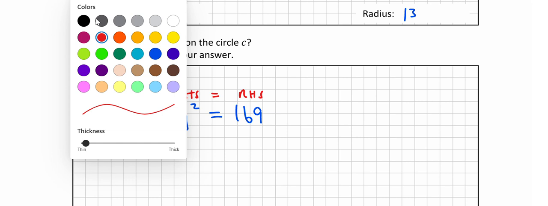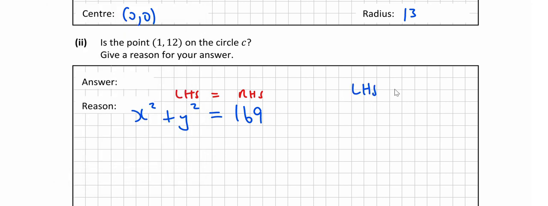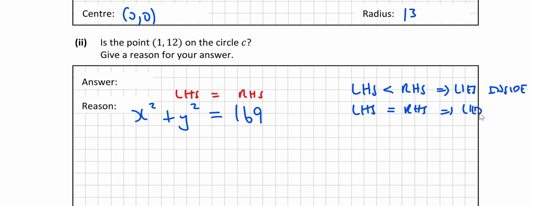When you sub in stuff, if you find that the left-hand side is less than the right-hand side, that means that a point lies inside. If the left-hand side is equal to the right-hand side, a point lies on the circle. And if the left-hand side turns out to be greater than the right-hand side, then it lies outside. So that's what I mean.